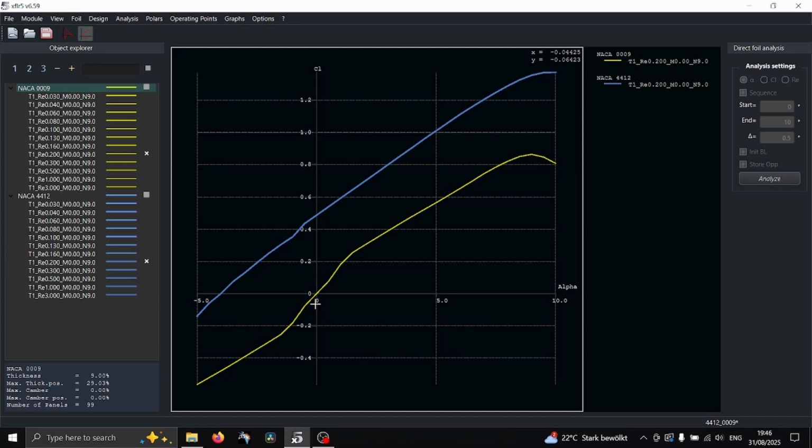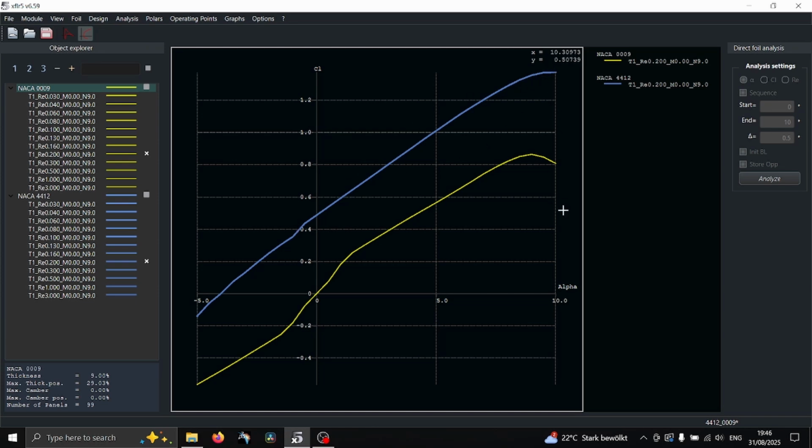So as you can see from the graph, both airfoils continue to increase their lift coefficient while increasing angle of attack. And at some point, the lift coefficient starts decreasing after some specific angle. For the symmetric airfoil, it's somewhere around 9 degrees, and for the asymmetric airfoil, it's somewhere around 10.